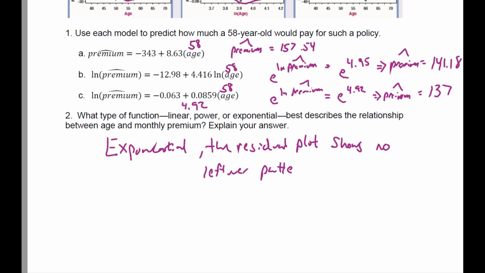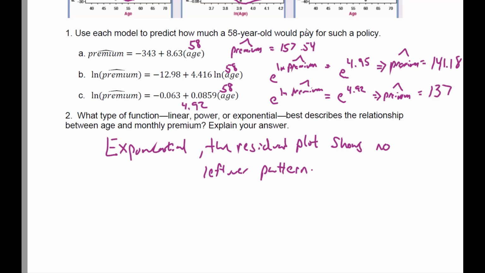It was a good scattered pattern on the residual plot, so therefore that one works. And you can even say the other ones actually have a pattern in the residuals, but the overall explanation is the exponential is the best fit because the residual plot shows no leftover patterns.